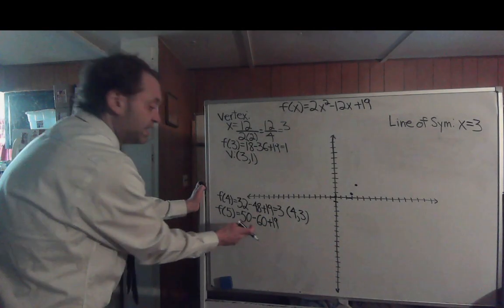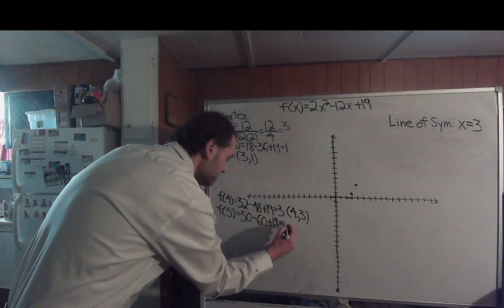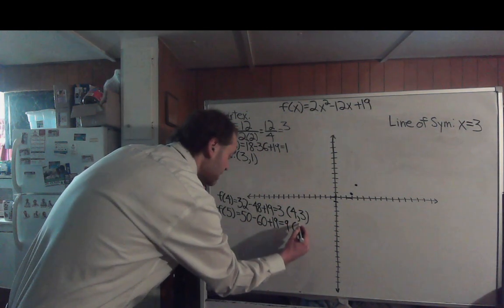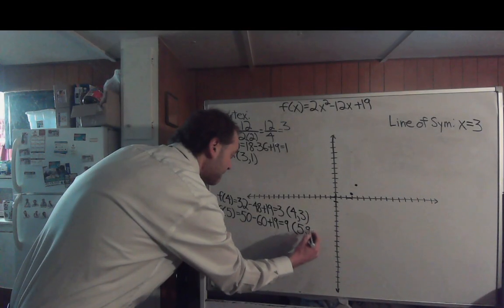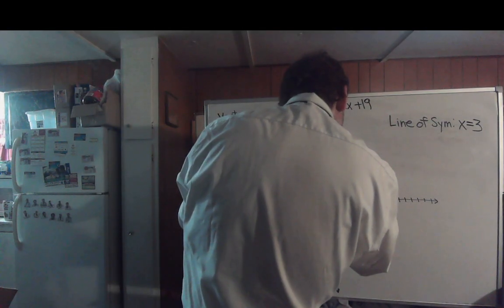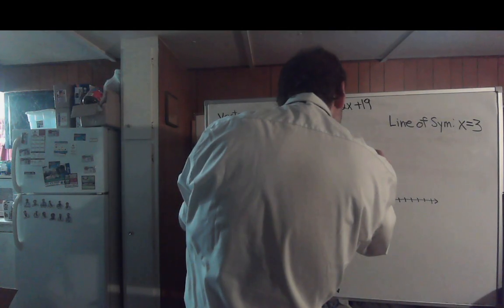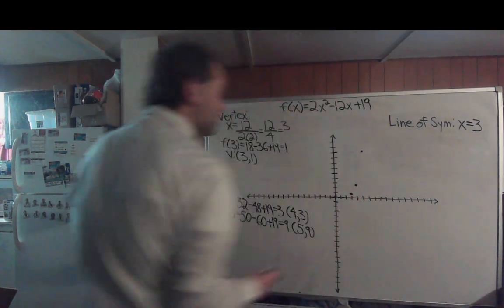So 50 minus 60 is negative 10 plus 19, that'd just be 9. So I'll end up getting the point 5, 9. So we'll plot, wow, that would go all the way up here. Okay.